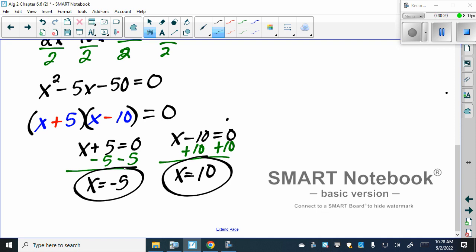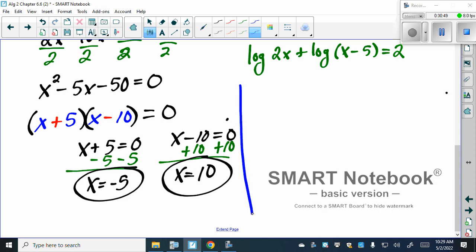Now this one here is one we do need to check. Because what we started out with is log of 2x plus log of x minus 5 is equal to 2, yes? And what's inside the logarithms cannot be negative or 0. We're not looking at it when they're multiplied together. We're looking at the original problem.